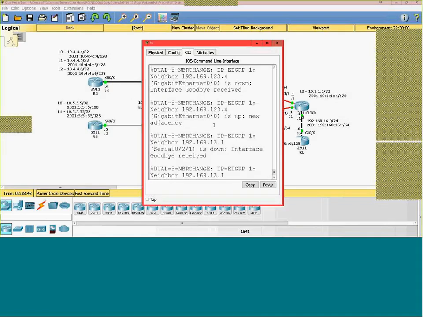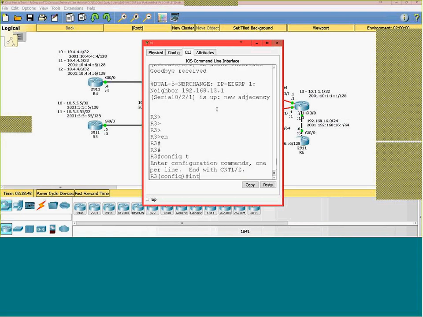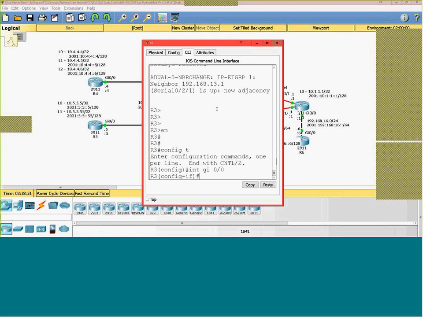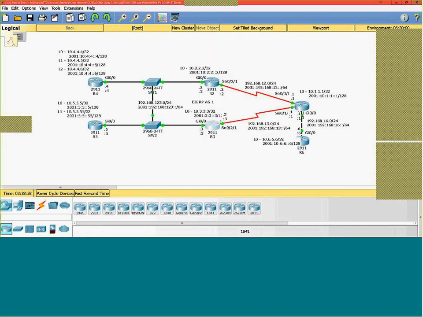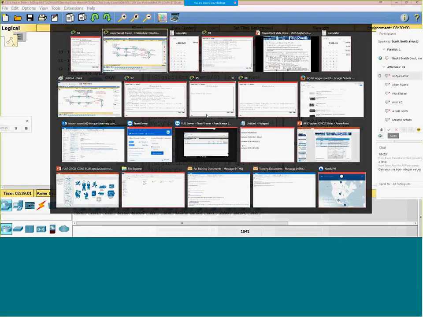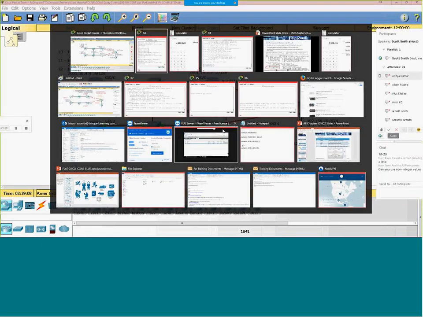So I'm going to make the backup path worse by putting in a delay of 10,000, which is 100,000 on this interface. So I've now made the bottom path much worse. You cannot use non-integer values. They have to be whole numbers.